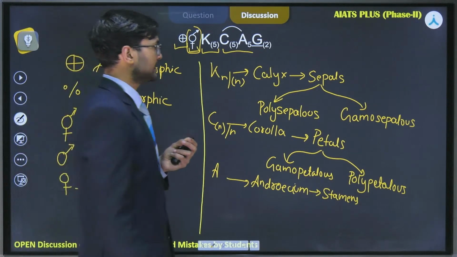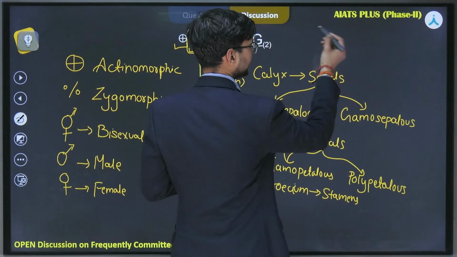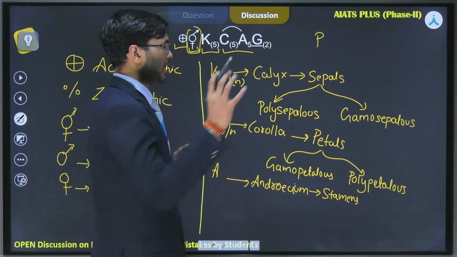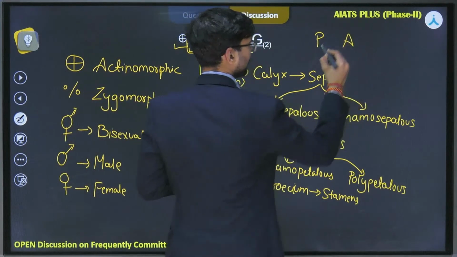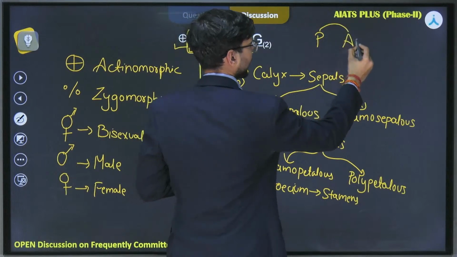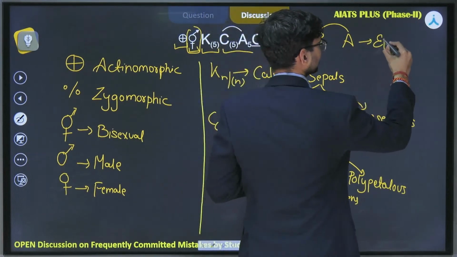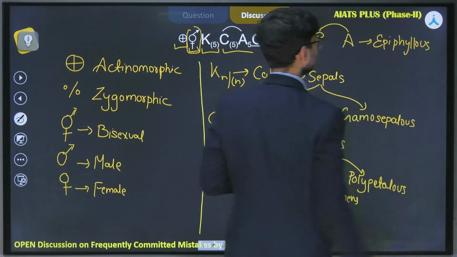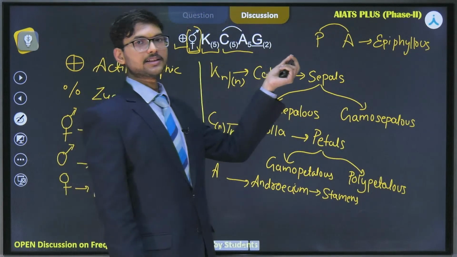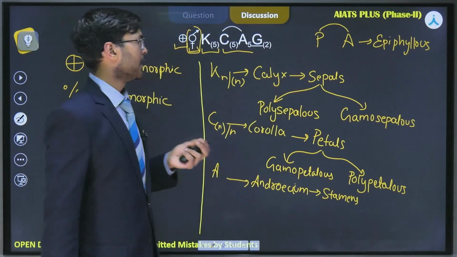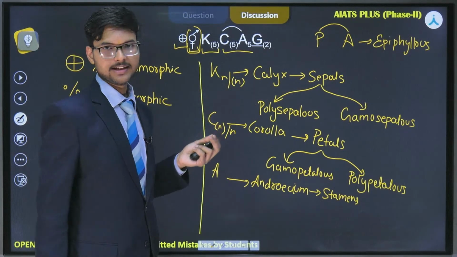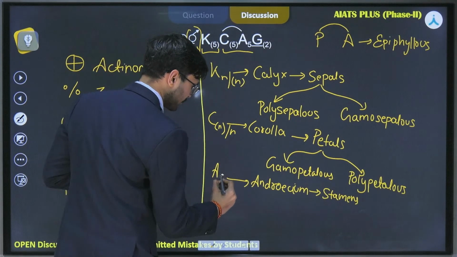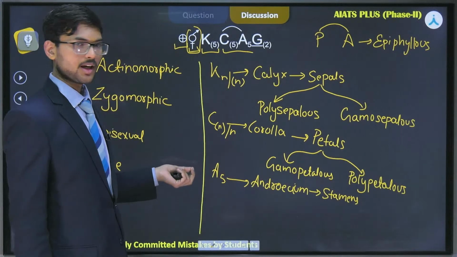But sometimes you will see that a flower doesn't contain any calyx or corolla, it contains perianth, which is represented by P. And in this case, if an anther is attached to the perianth, then the condition is called epiphyllous. Okay. And this condition is generally seen in some flowers where the perianth is present. Okay. Now here the condition is normal without any bundle, so this is anther free.